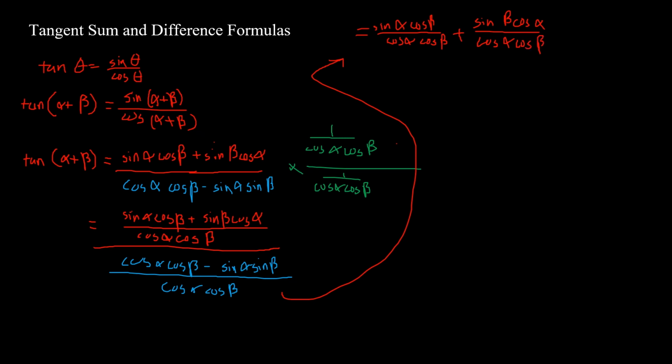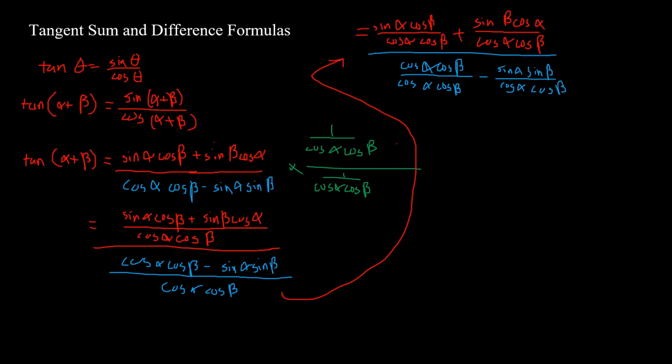And that's just the numerator, and the denominator is going to be cosine alpha cosine beta over cosine alpha cosine beta minus sine alpha sine beta over cosine alpha cosine beta.